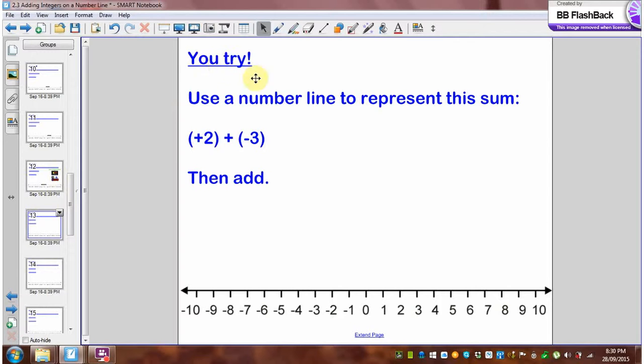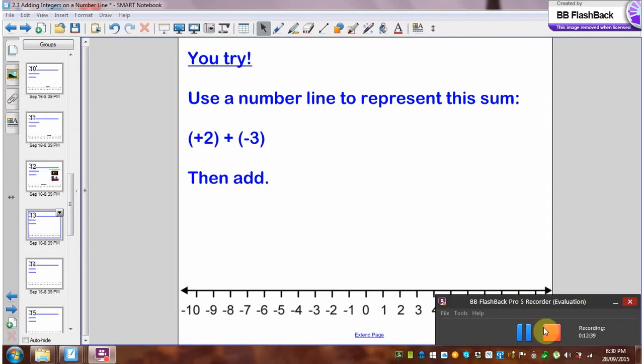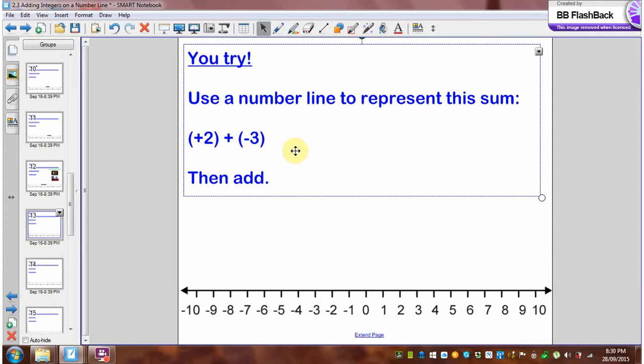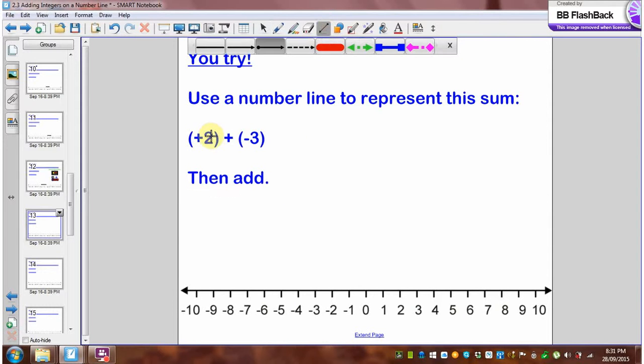Alright, now you try. Copy down this problem, plus 2, plus minus 3. Give it a try. When you're done, press play and see if you got the right answer. Alright, so we're starting at positive 2. Positive 2 here.